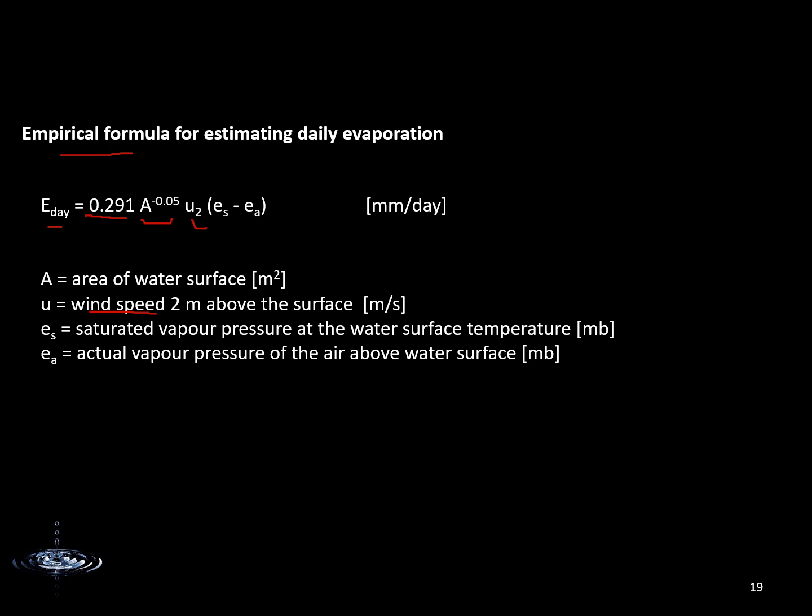At every different level the wind speed would be different, so for this equation you just need the wind speed 2 meters above the surface. A is the area of the water surface, ES is the saturated vapor pressure, which depends on the temperature, so the temperature defines the saturated vapor pressure, and EA is the actual vapor pressure of the air above the water surface. If you have this information, you can estimate the daily evaporation at that location.